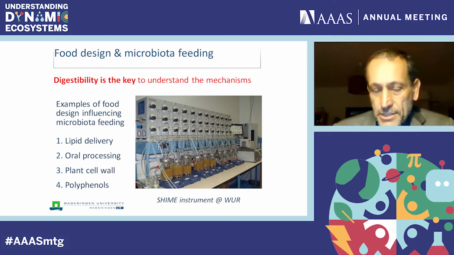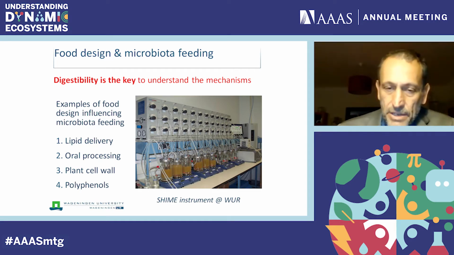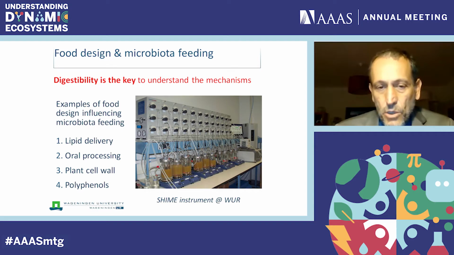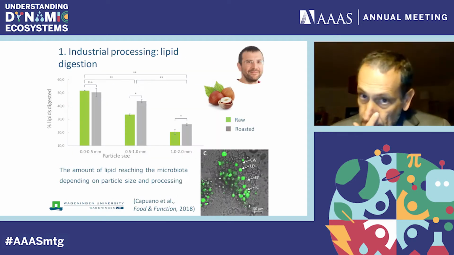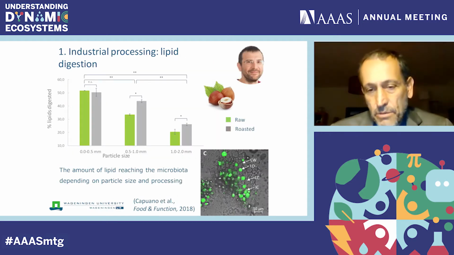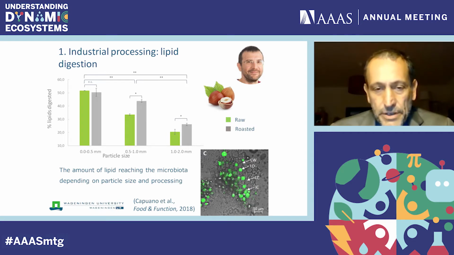What is not digested becomes less bioaccessible, not bioavailable, and reaches the lower gut. I will give you now 4 examples: lipid delivery, oral processing, the role of plant cell wall, and the story of polyphenols.